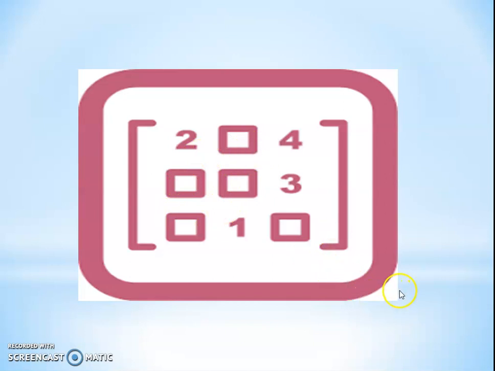In the previous lecture we studied the types of matrices. Now we continue with the remaining criteria and operations belonging to our matrix topic.